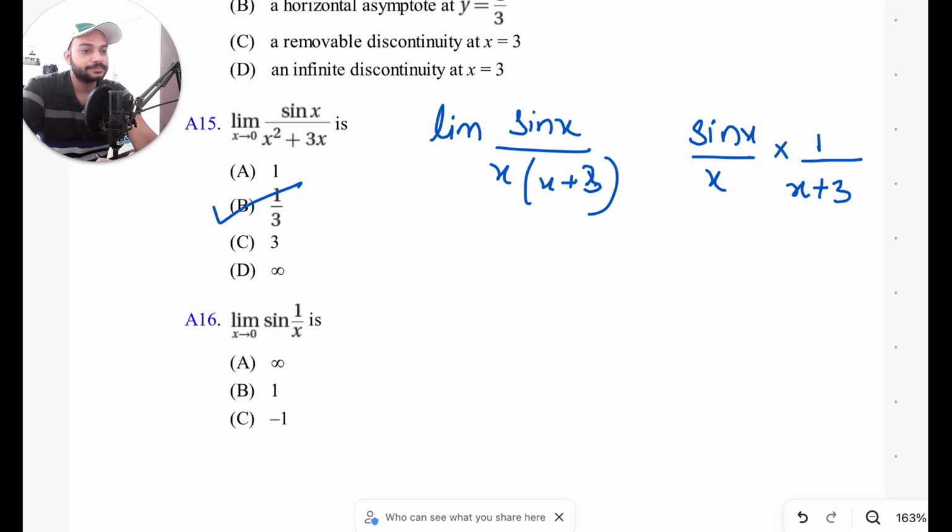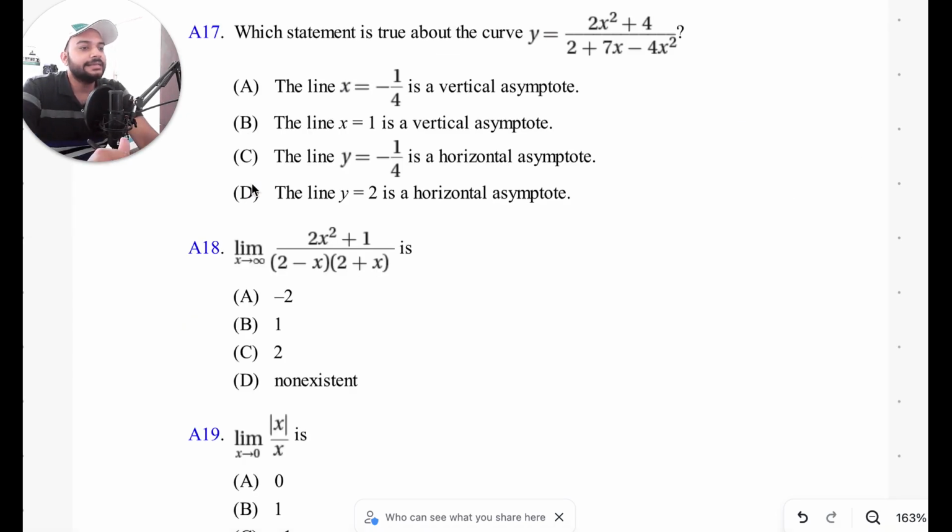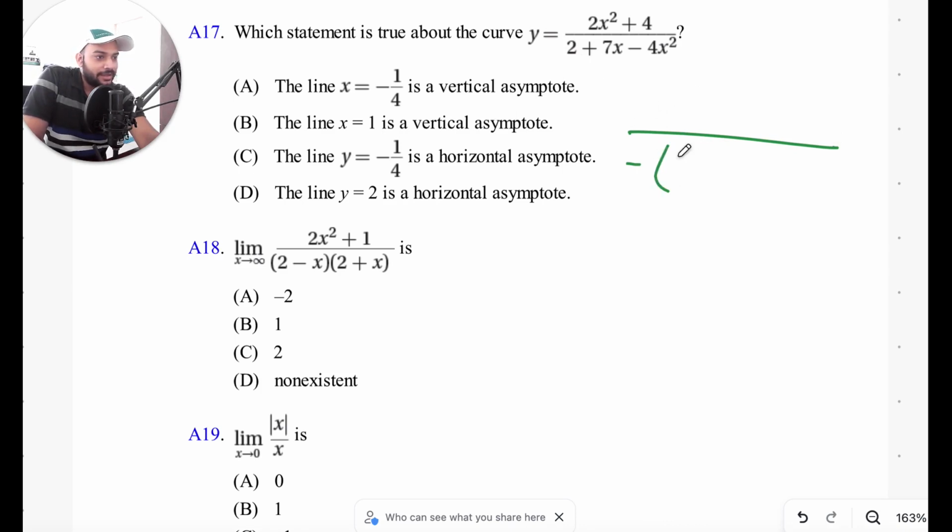Okay, let's go to the next one. A17, which statement is true about the curve y equal to 2x squared plus 4 over 2 plus 7x minus 4x squared? Looking at the options, it's all about asymptotes. That means we need to check the denominator. 2 plus 7x minus 4x squared, negative sign taken outside, 4x squared minus 7x minus 2. Let's factorize this.